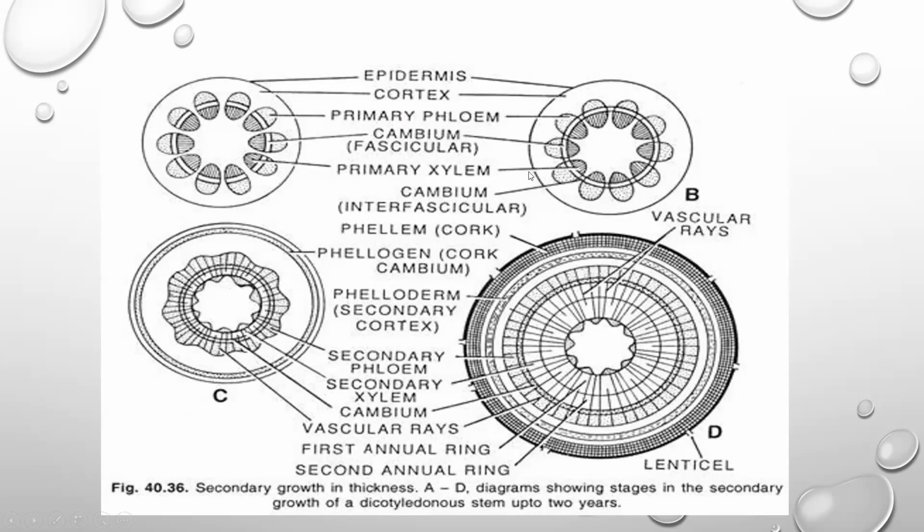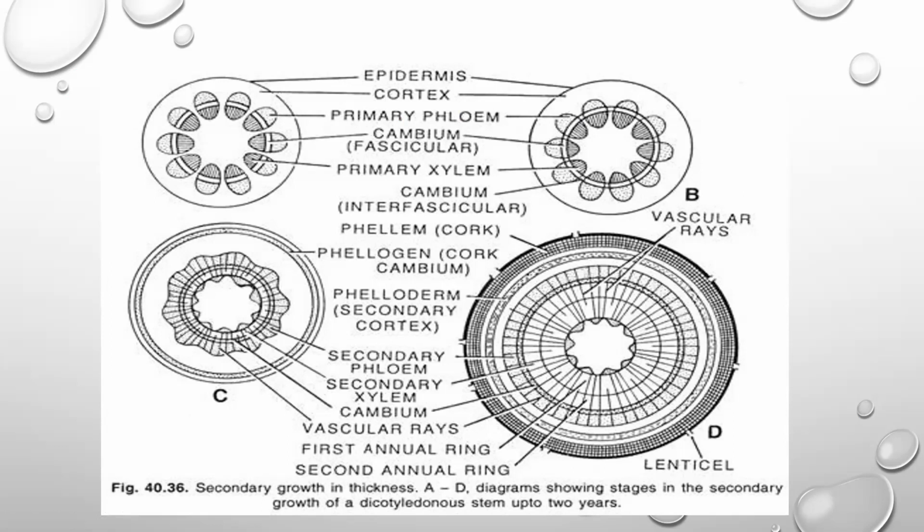So this is the arrangement of the vascular bundles in the stem. During the secondary growth, this one is the vascular cambium, that is the intravascular cambium. And the cambium which is present between these two vascular bundles is called the intervascular cambium.